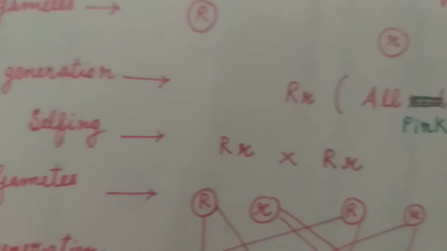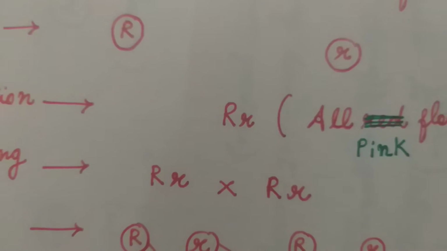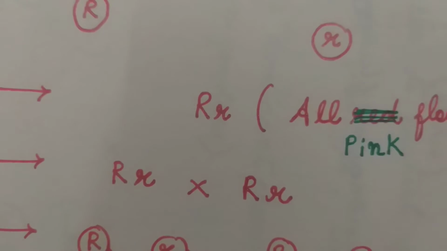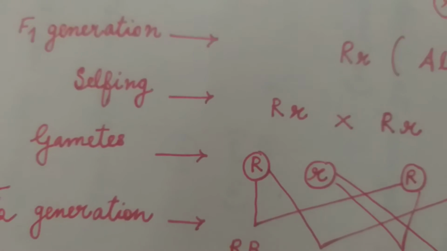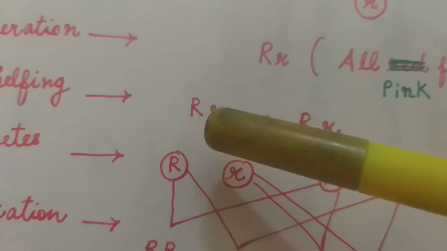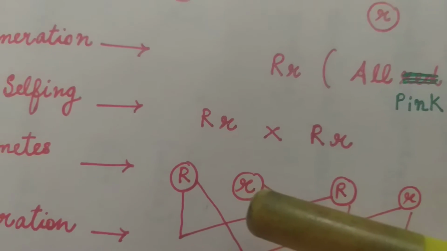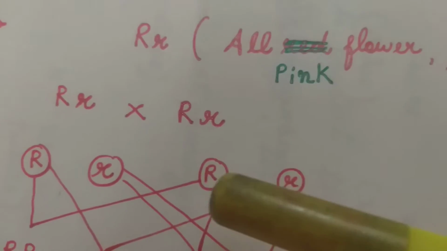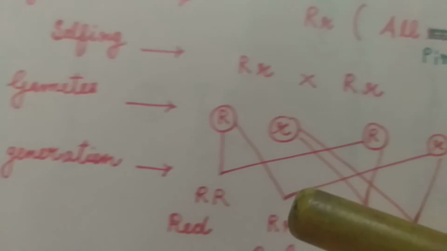Now selfing between F1 generation, capital R small r. Gametes are formed from this plant, capital R and small r, two types of gametes. From this plant also, these two types of gametes are formed.